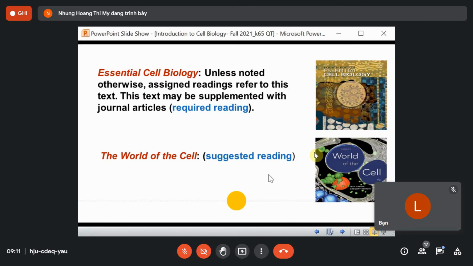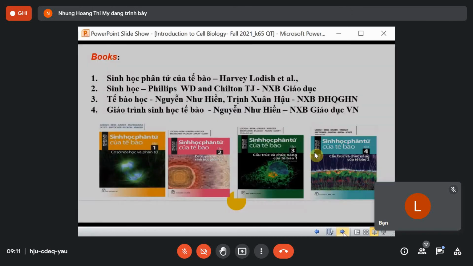On the other hand, we also have other books written in Vietnamese, which may help you understand better what we teach you during the course. The first is the book Sinh học phân tử của tế bào.